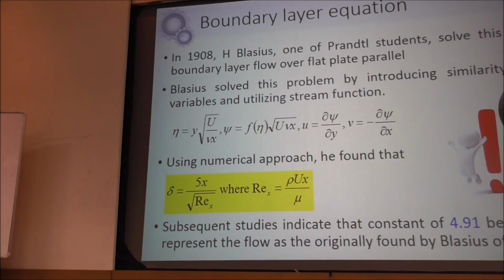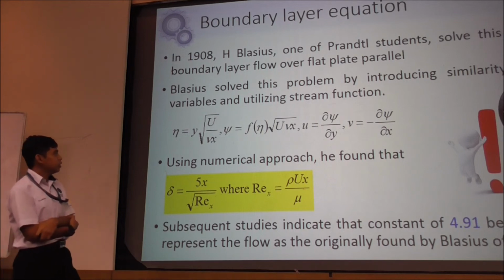Okay, now, luckily, Blasius, one of the Prandtl students, I told you that Prandtl postulated something and his student proved it right. So he is the one who proved it right. So Prandtl postulated that, and then Blasius came up with the so-called similarity variable.